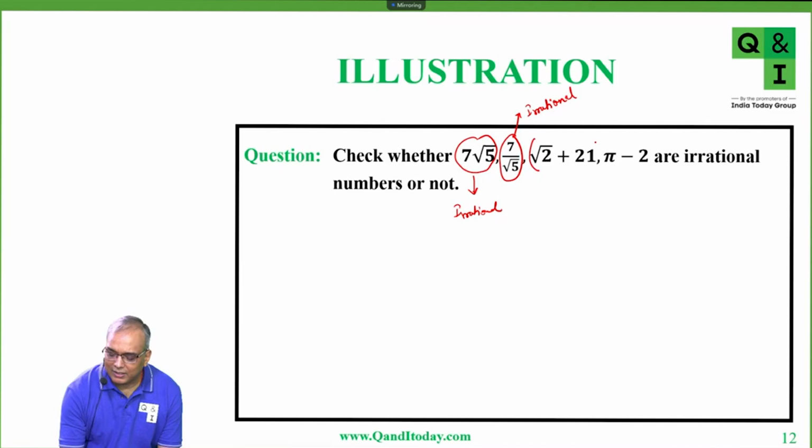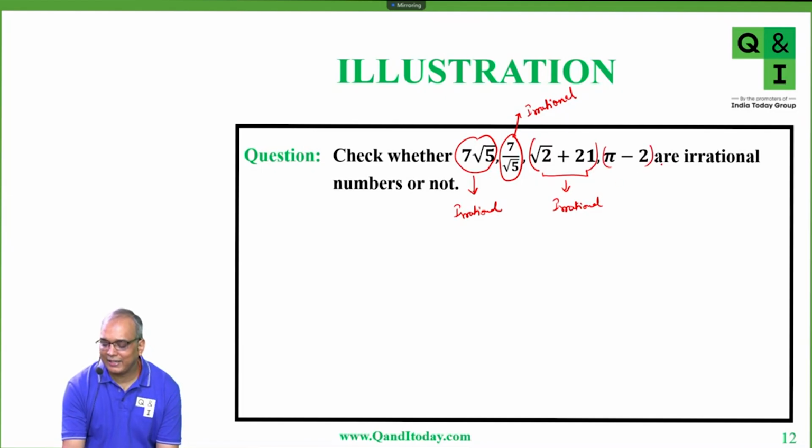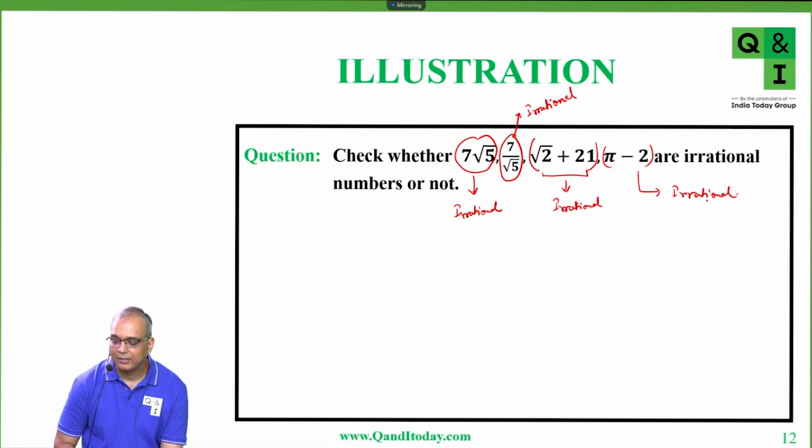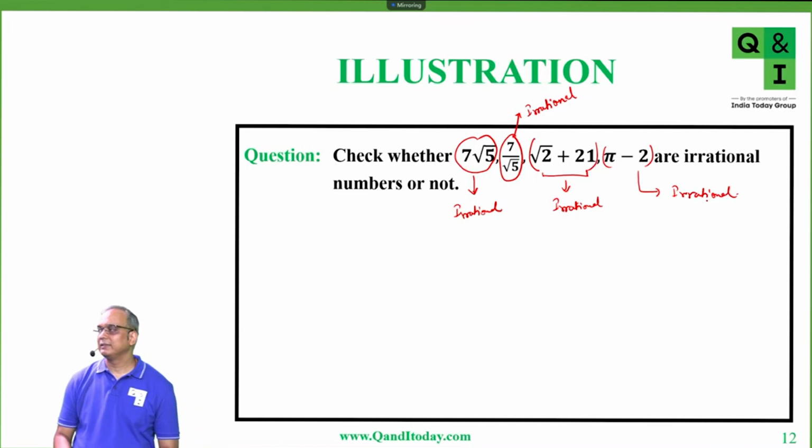A rational added to irrational will give you irrational, and the difference of irrational and rational will again be irrational. Is this clear?